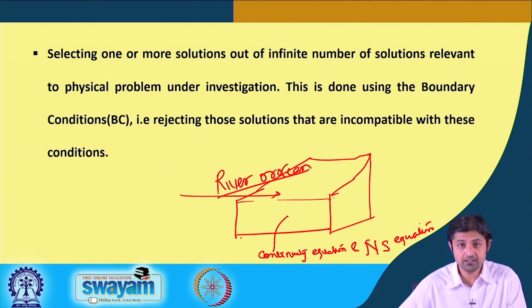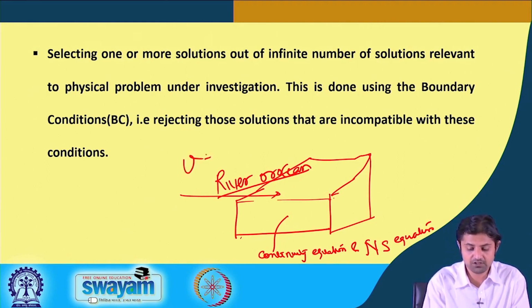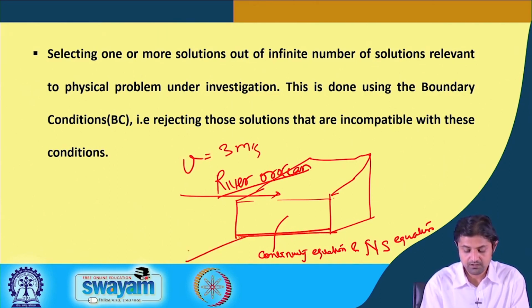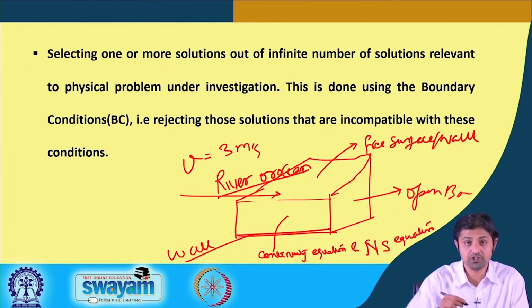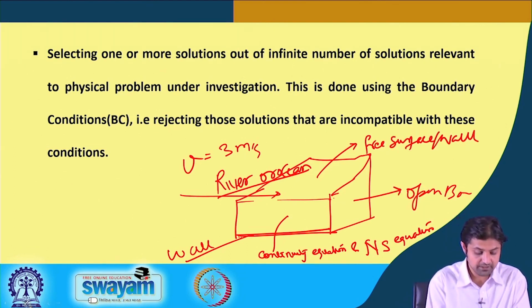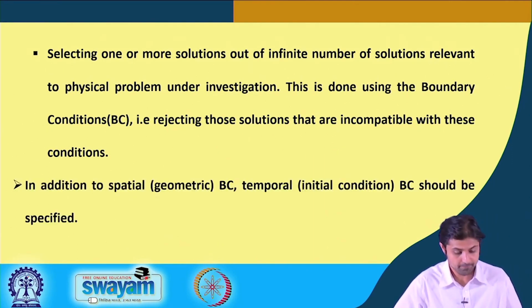Now, this will have an infinite number of solutions, so we must provide a boundary condition. A boundary condition like the water entering here has a velocity, let us say 3 meters per second, here there is a wall, this is an open boundary. We can either specify a top free surface or even a wall here. So, what I mean to say, these are the boundary conditions that will determine that there will exist a unique solution.